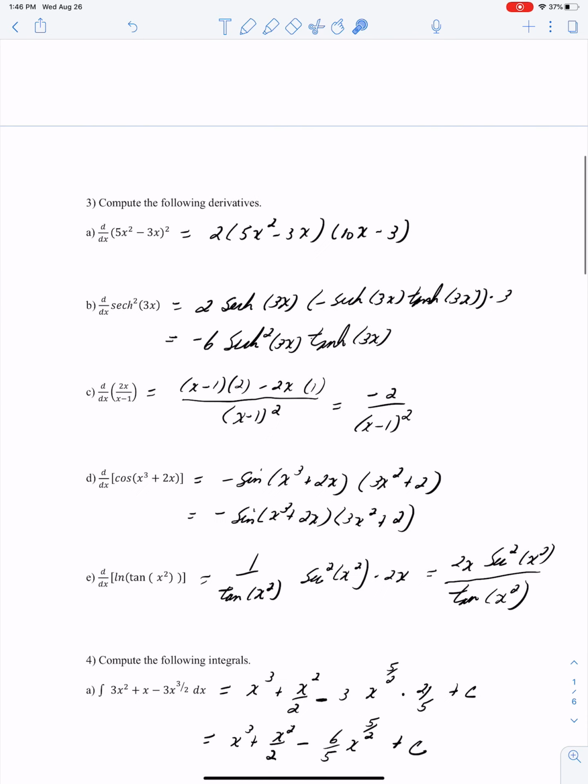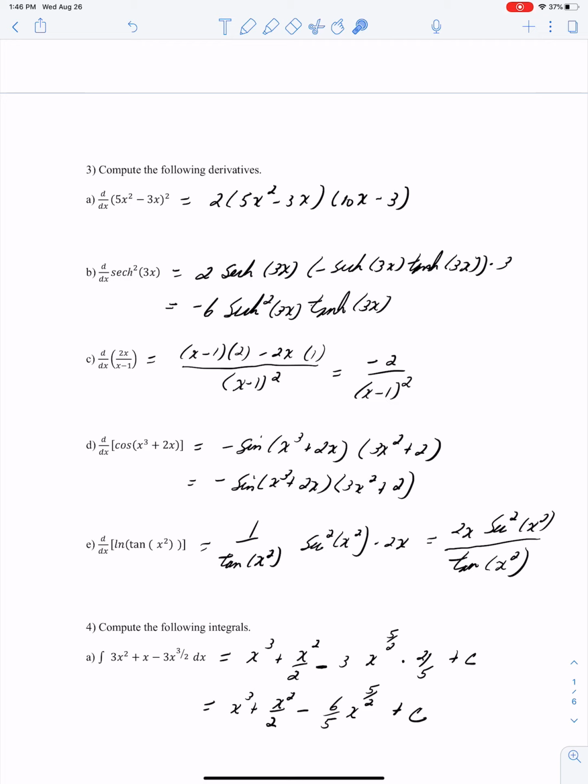All right, now let's look at computing derivatives. So this first derivative, I realize I'm going to have to use the what? Chain rule. So it's going to be twice the inside. And then the chain rule says times the derivative of the inside.